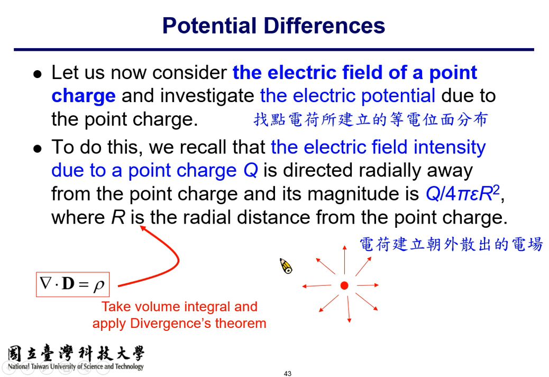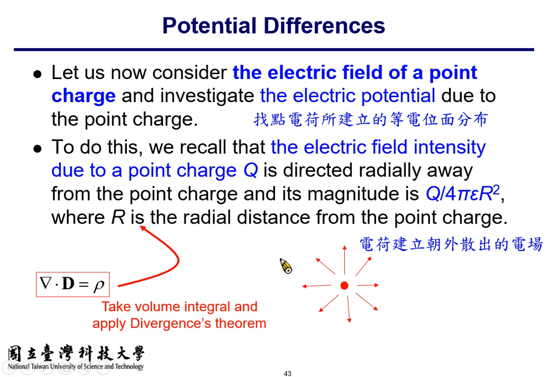So what is the electrical field intensity built up by a point charge according to Coulomb's law? The electrical field intensity is written as Q over 4 pi epsilon r squared.